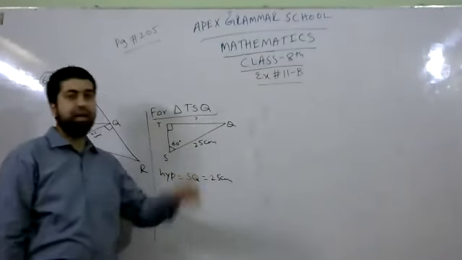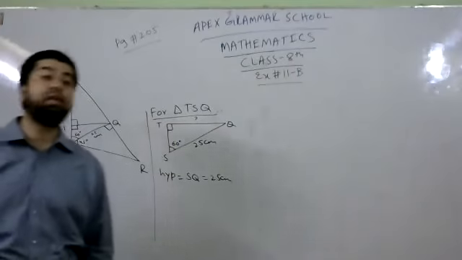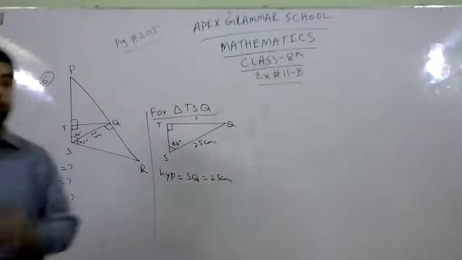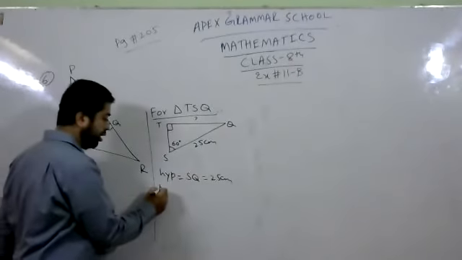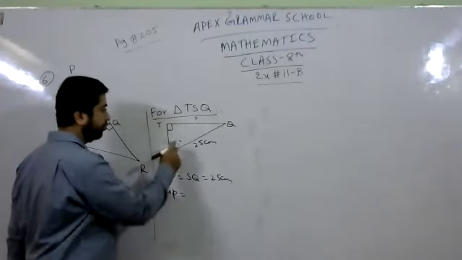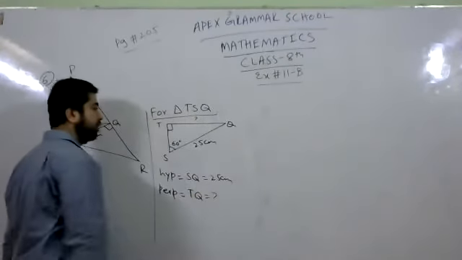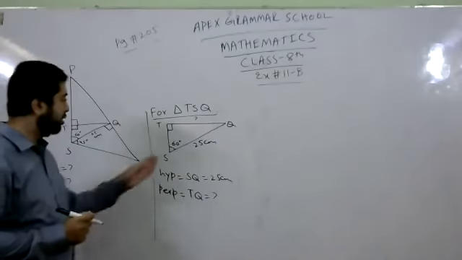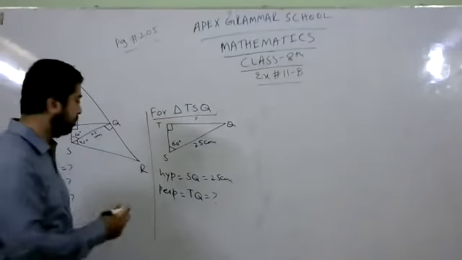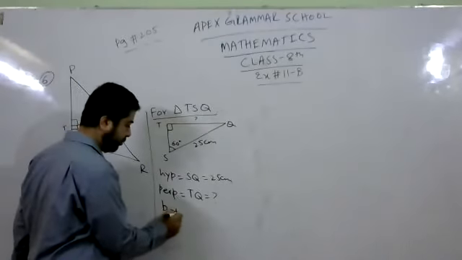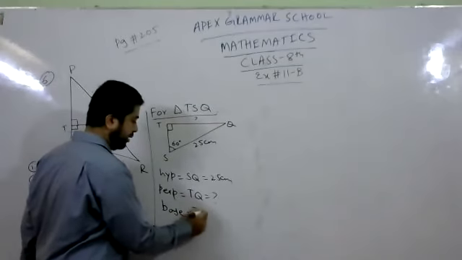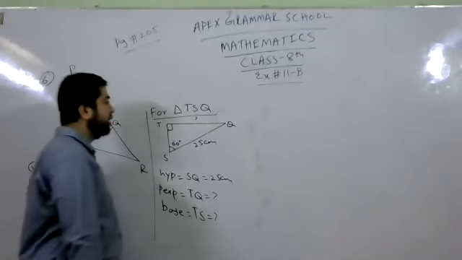Opposite to this basic angle, the side is not the base, the side is perpendicular. Perpendicular is TQ, which we need to find. And the last side is TS, which is base.